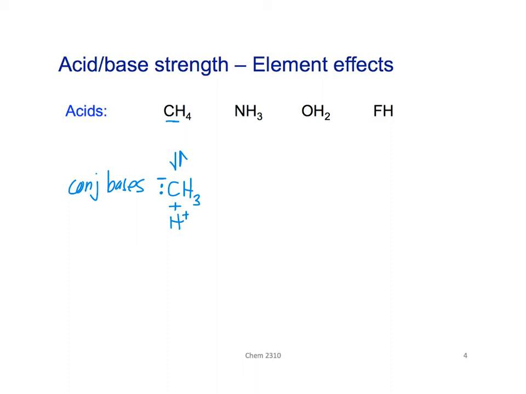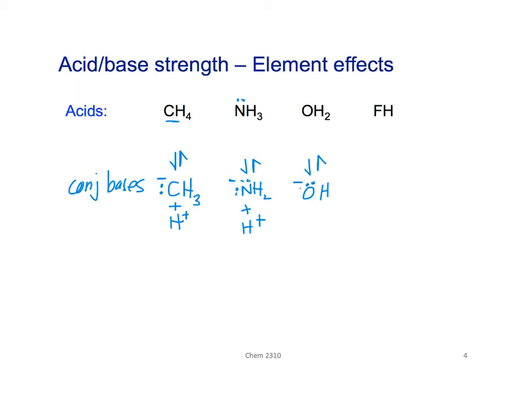If we do the same thing for ammonia, remember ammonia has a pair of electrons already on the nitrogen. We have then NH2 minus plus the proton. If we do it for water, we know if we take a proton off of water, we get hydroxide.